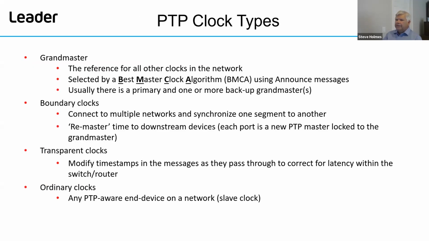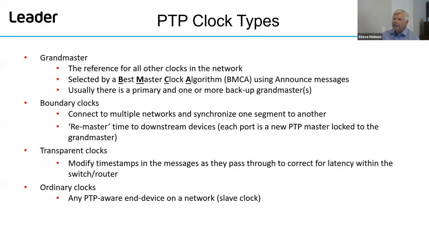So we have several different clock types. The Grandmaster, as I mentioned, is the reference for all other clocks in the network. It is selected by the BMCA, looking at the quality of the clock and the priorities. We have boundary clocks. Boundary clocks, you can almost think of as a reclocking DA.